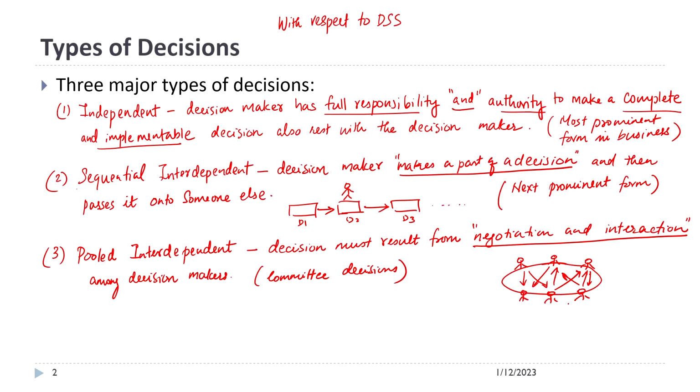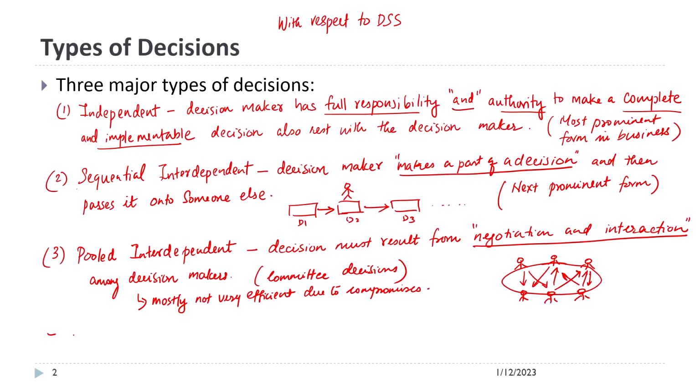A lot of the time, pooled interdependent decisions are known as not very efficient due to compromises. In a committee setup, you have to make compromises, you have to talk to people, you have to make amendments, you might have to agree with somebody else's vision and thought process.